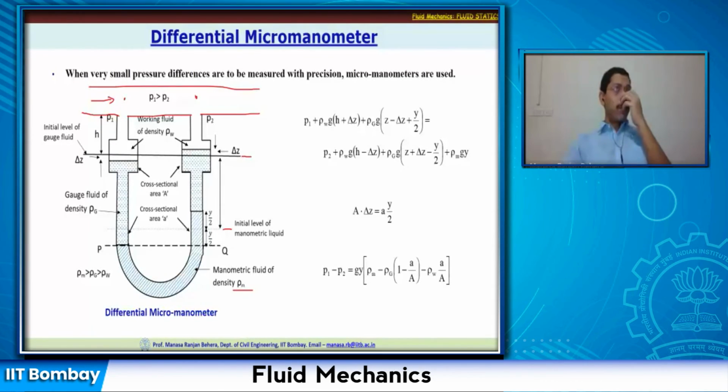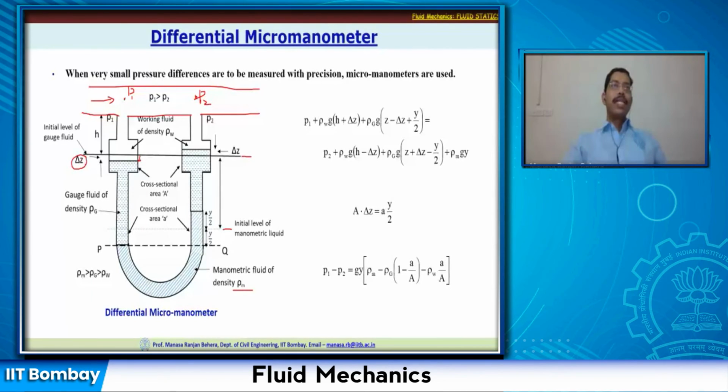Assuming that P1 here is greater than P2 here, the higher pressure is going to push this liquid down, and with the lower pressure on the other side, there will be a difference in the manometric fluid. In this larger chamber, there will be some push. Let us say this push is delta z.